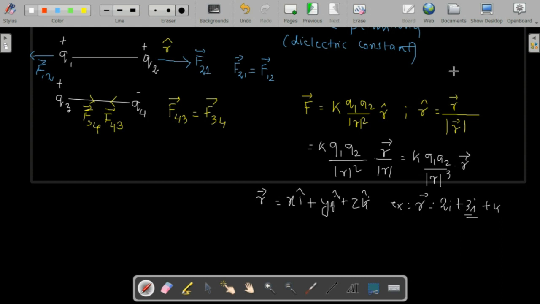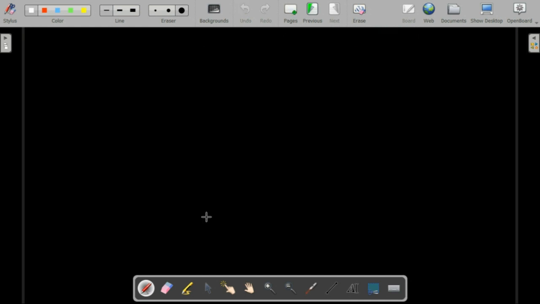There is also this idea of the principle of superposition, just as we have seen about additivity. We are not going to go into too much detail of this because I think it's quite simple. Let's say we have a charge q naught, and there are other charges acting on it, so maybe this is q naught, and there are other charges around it, q1, q2, q3, and so on.